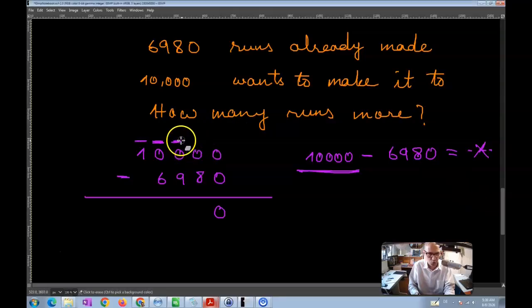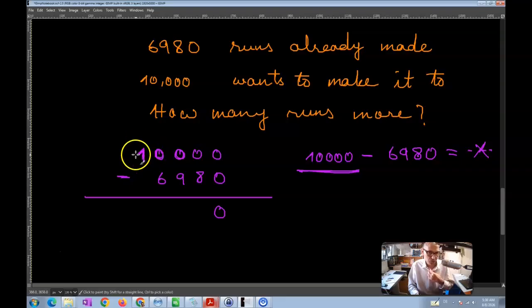So you see that over here I have again 0 groups of 10. From here, over here again I have 0 groups, so I cannot borrow anything here. The only place I can borrow from is this place value, which is the 10,000 place value, right?